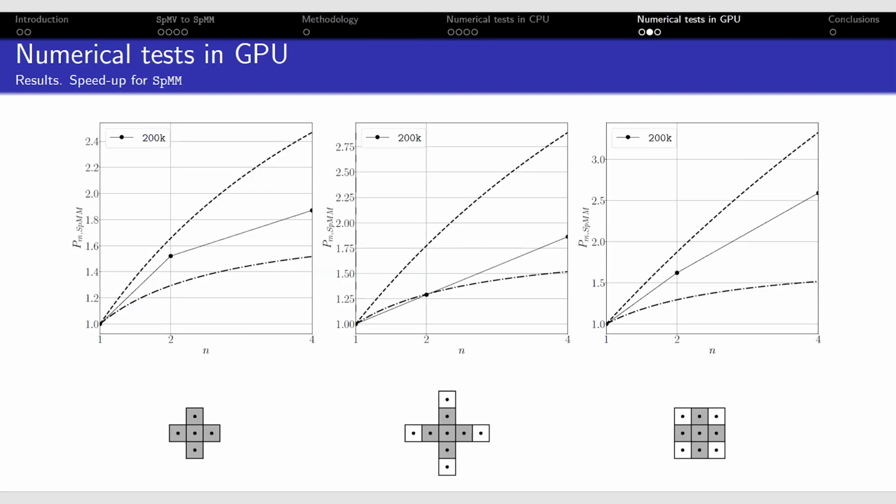So here the results are nice, but a bit different, because we see that for 7p and 27p the results are really nice, fitting inside both limits really well, and what we expected to obtain. While in the case of 13p, even though it's in the lower bound, the results are not that good.